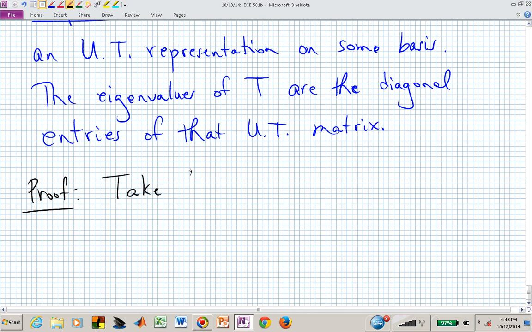Let's now take v1 through v sub n as the appropriate basis, which is the ordered basis that produces an upper triangular matrix.